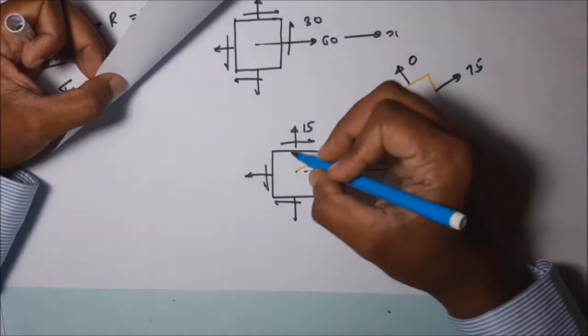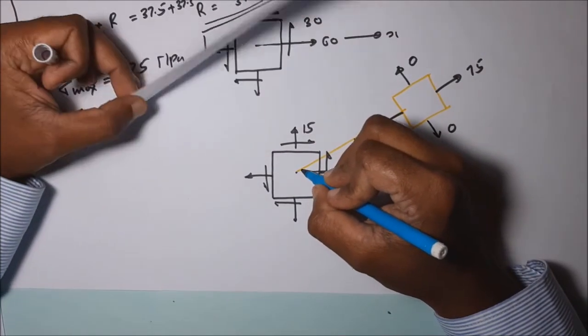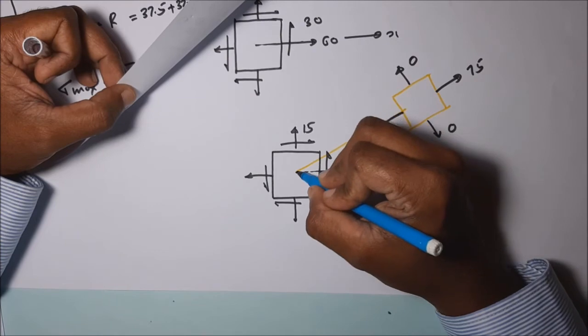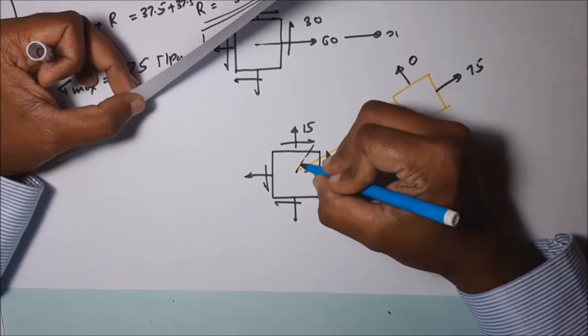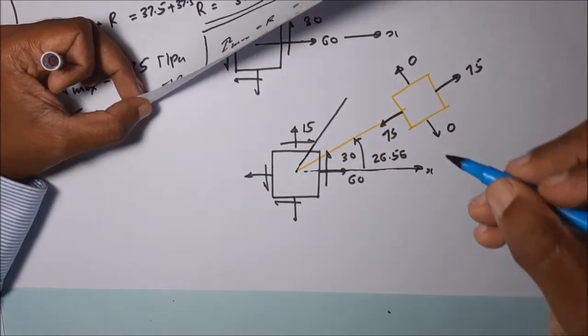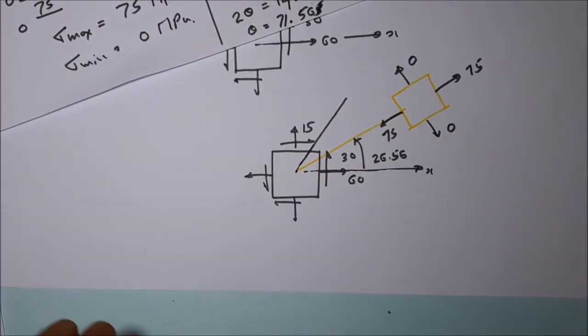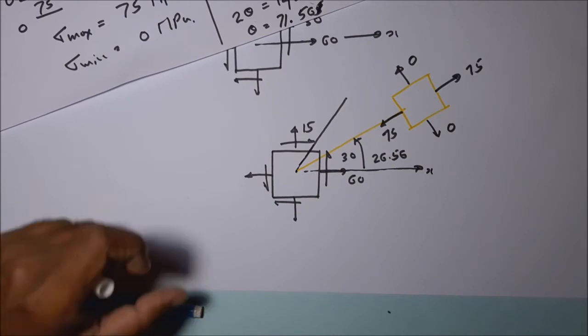We can mark that one also. We measure anti-clockwise shearing stress as positive for this plane at 45 degrees. Then we can mark the shearing stresses.